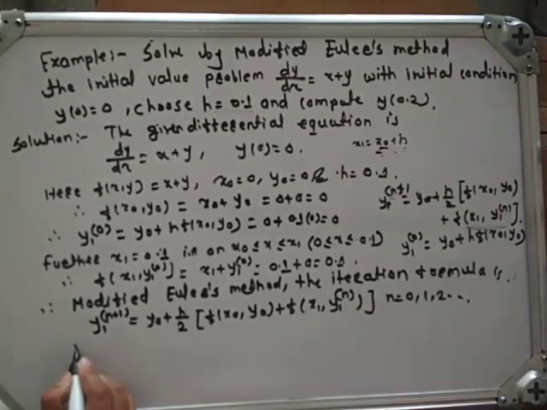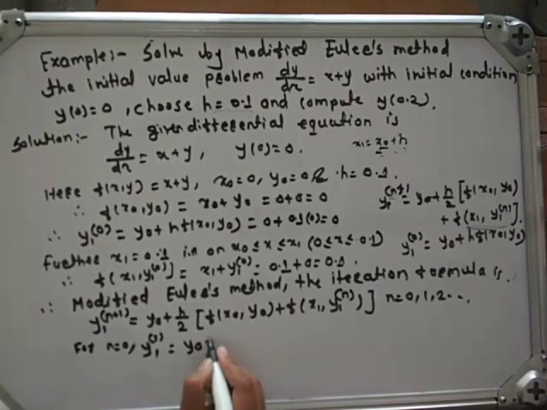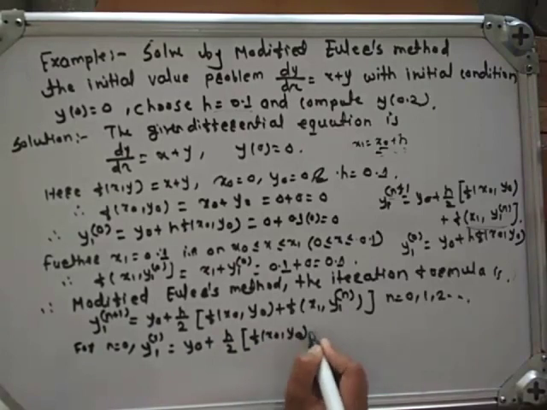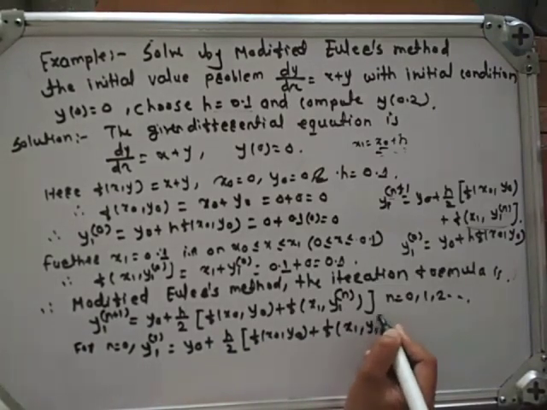Now for n is equal to 0, the formula becomes y1 is equal to y0 plus h by 2 into f of x0 comma y0 plus f of x1 comma y1 (0).